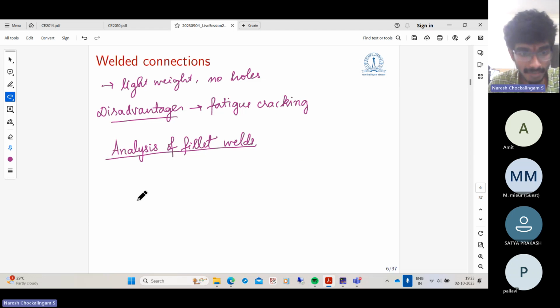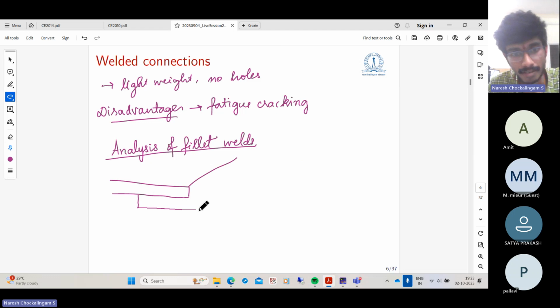To analyze fillet welds, we consider what is called the throat of the weld. So suppose this is a plate, and it is lap jointed to another plate like this.